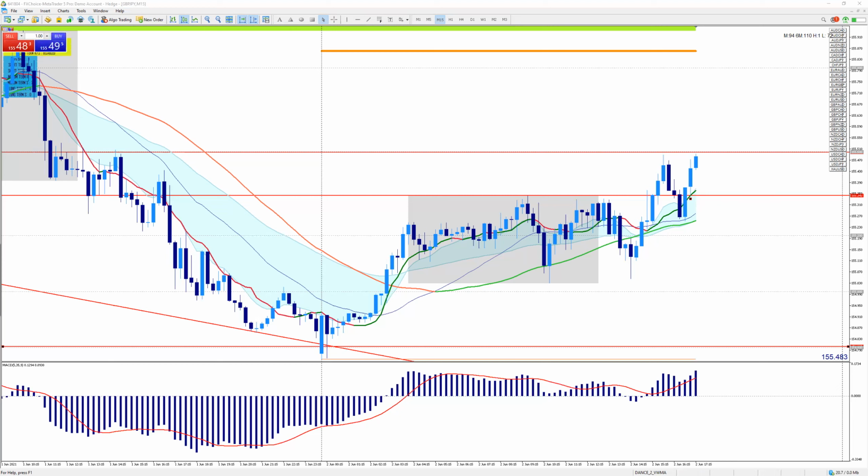Because if we break, I would personally be aware, and I am aware, of this strong resistance. So that makes sense, because if I entered and we came back down and it started to range, I can just keep in mind that because we're in an uptrend, it'll still probably break at some time.